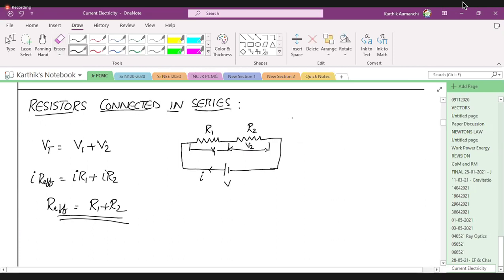Capacitors connected in series, potential difference across the capacitor. R2 by R1 plus R2.